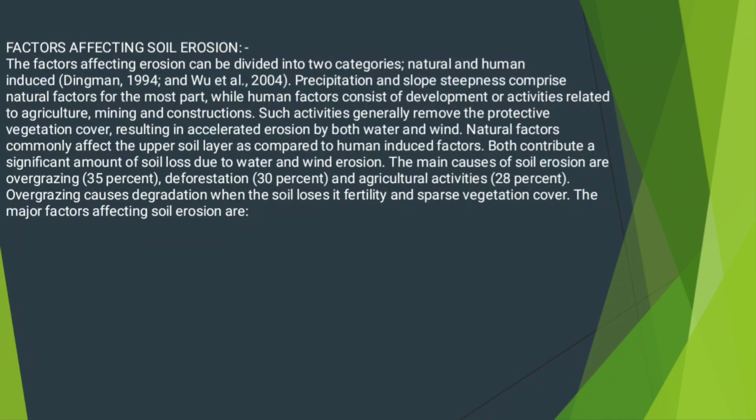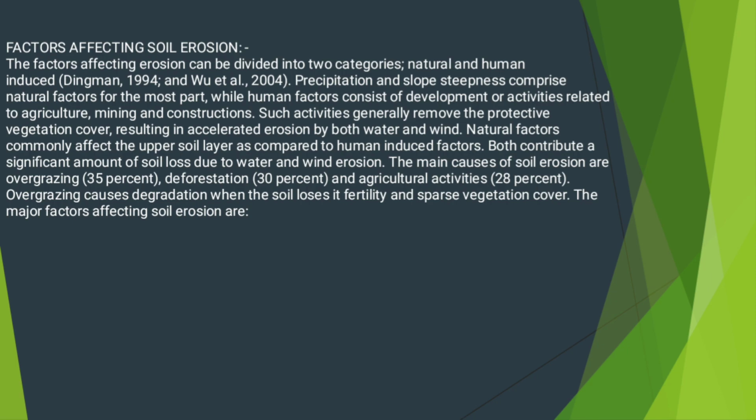There are some factors that affect soil erosion. And the factors affecting soil erosion can be divided into two categories, that is natural and human-induced. Precipitation and slope steepness comprise the natural factors for the most part, while human factors consist of development activities related to agriculture, mining, and construction.